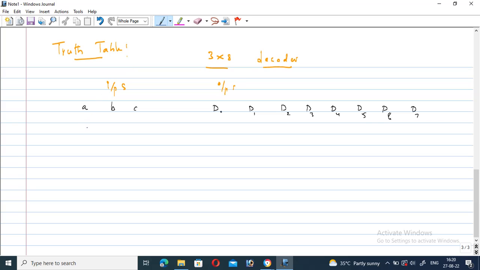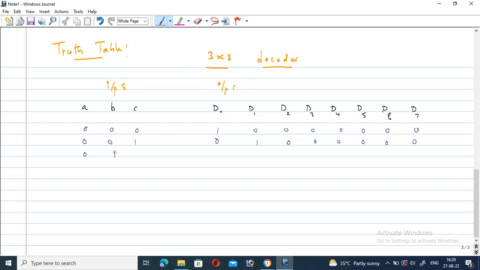For the first possible combination 0, 0, 0, D0 is activated, and the remaining are all zeros. For 0, 0, 1 combination, D1 is activated, remaining all outputs are 0.